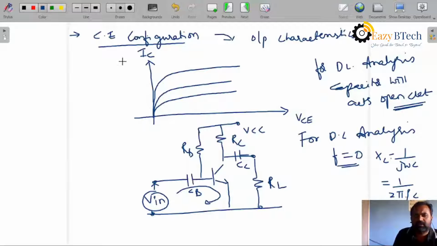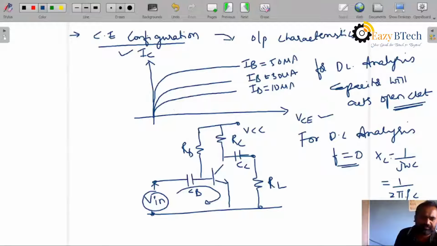A plot can be drawn between output current and output voltage by keeping input current constant. Okay, students, now you can clearly see.